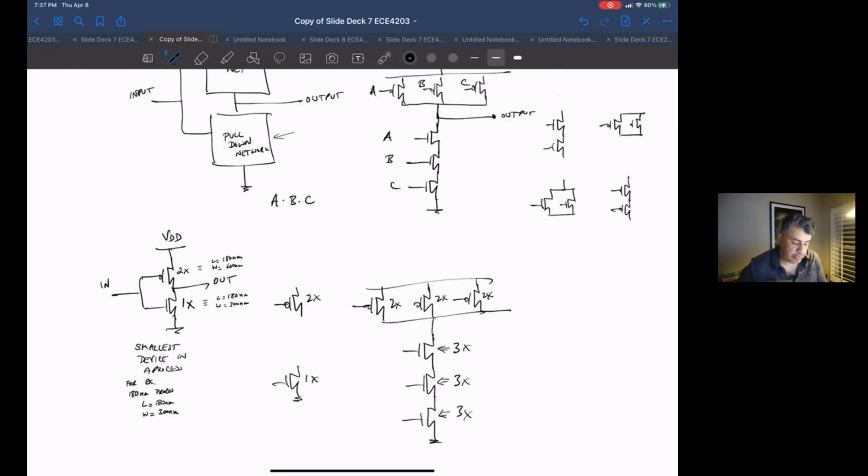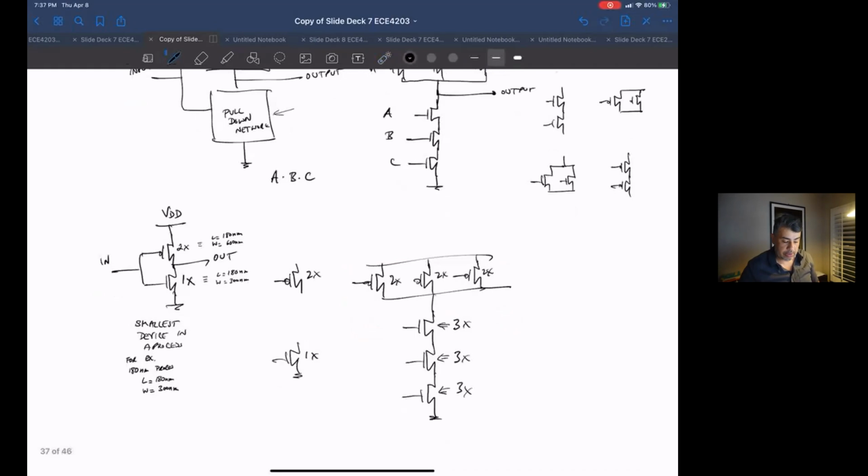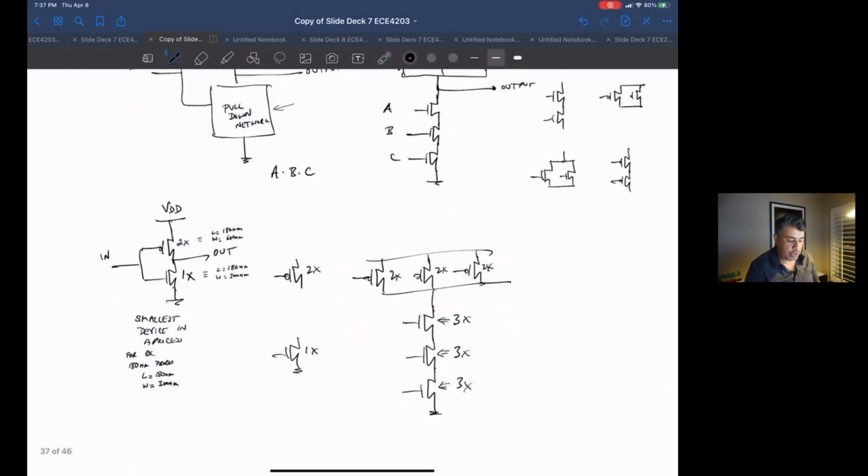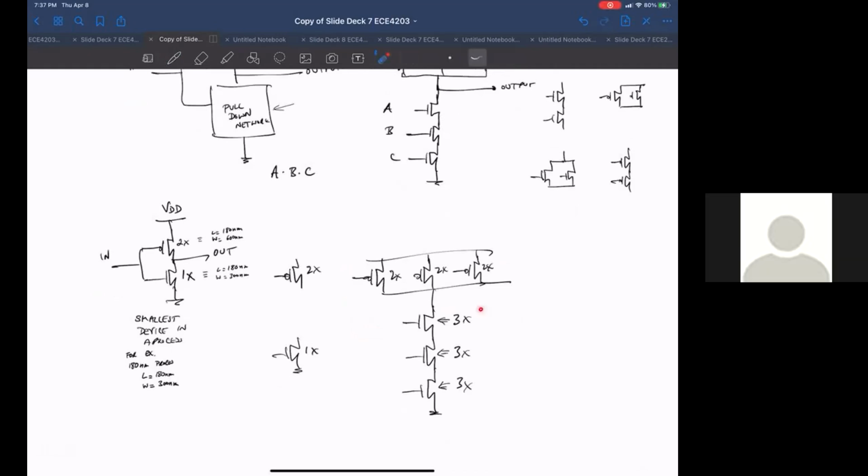Because we're looking at the worst case pull-up case. So there's only one case of a pull down, which is all these 3 devices being on.